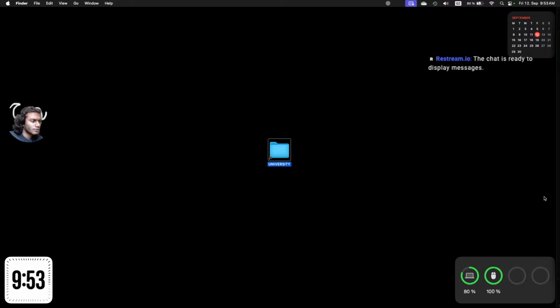Turn it off to charge. Can I use it while charging? Now let's use the laptop keyboard. Let it just charge.